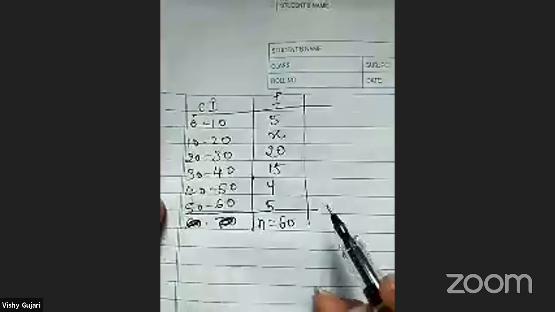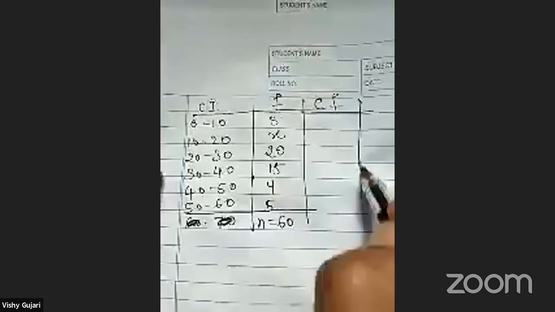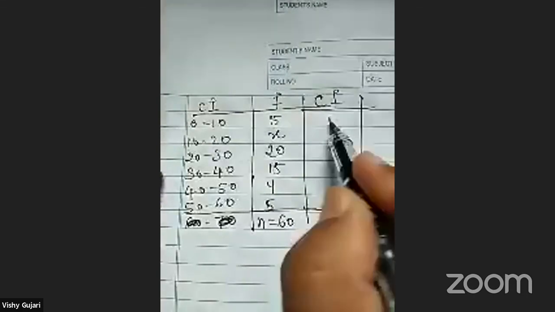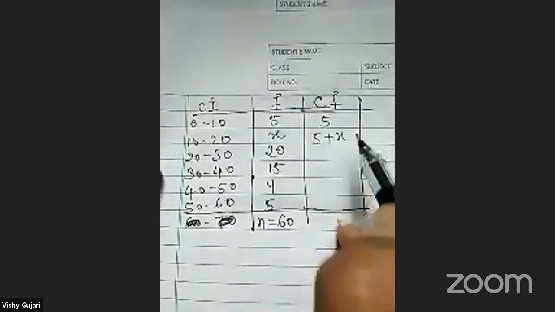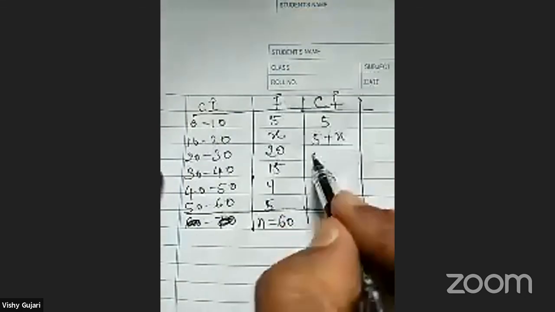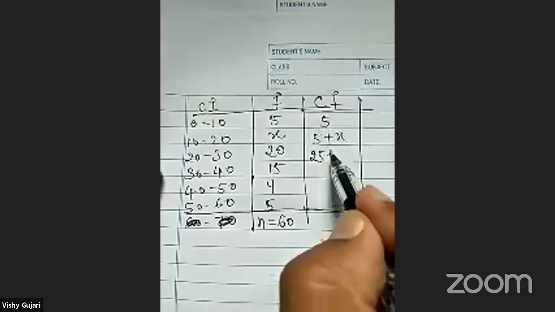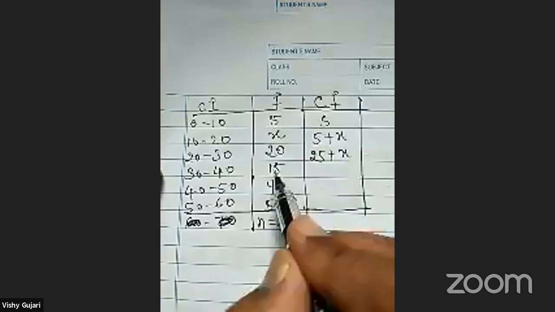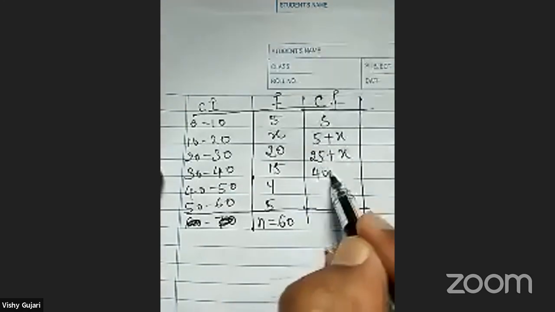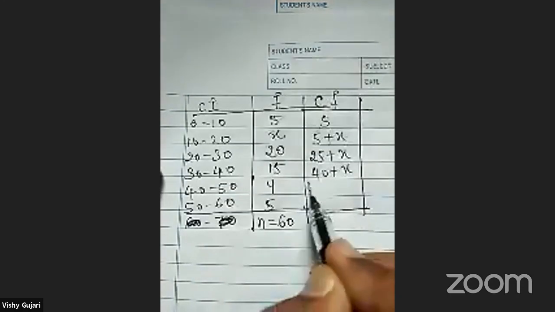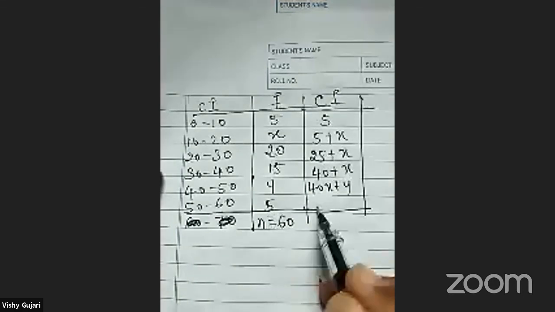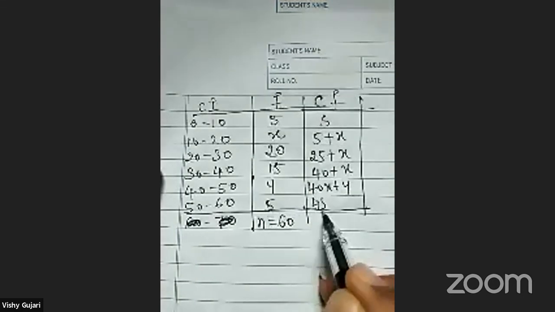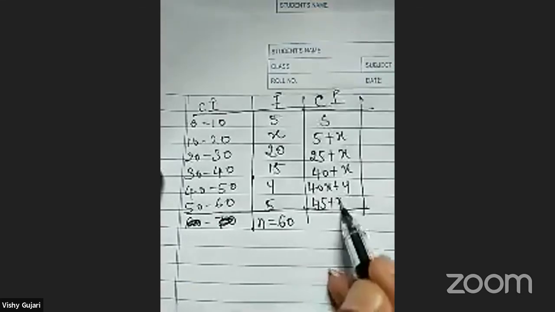Right. Now you are finding CF: 5, 5 plus x, 5 plus 20 is 25 plus x, 25 plus 15 is 40 plus x, 40 plus x plus y, 40 plus 5 is 45 plus x plus y.